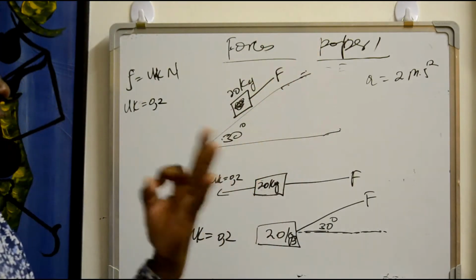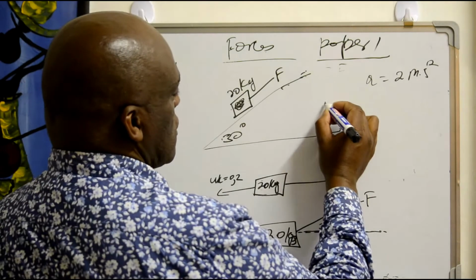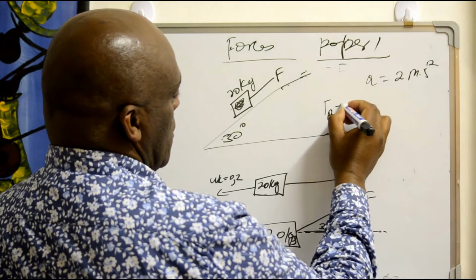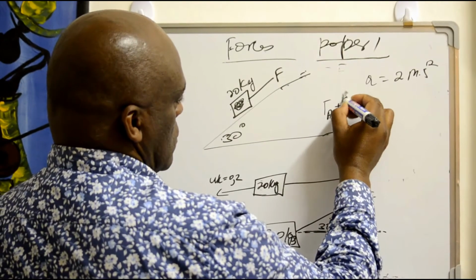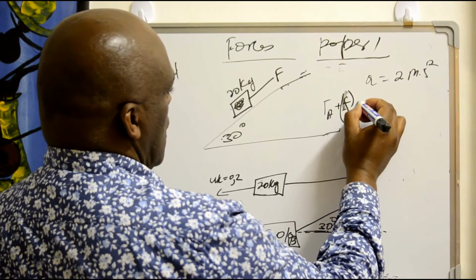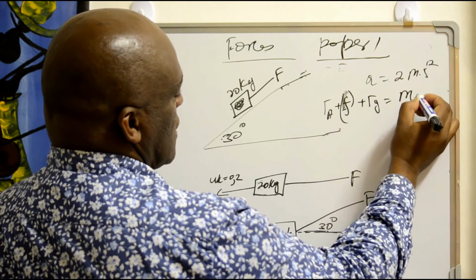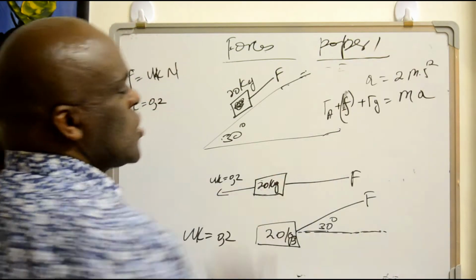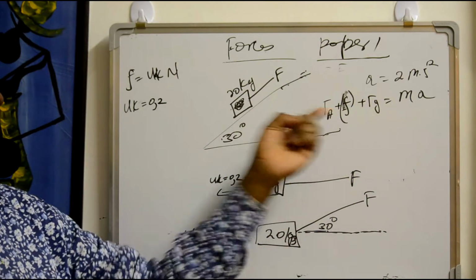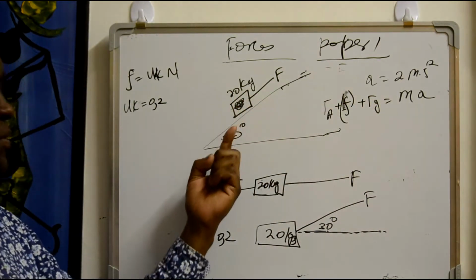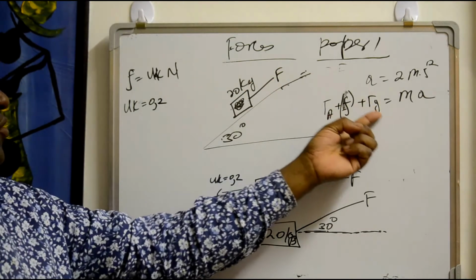There are 3 forces that act on the object: the force applied plus the friction force plus Fg, the force of gravity, is equal to mass times acceleration. So there are three forces acting on the particular object: force applied, the friction force, and the force of gravity.